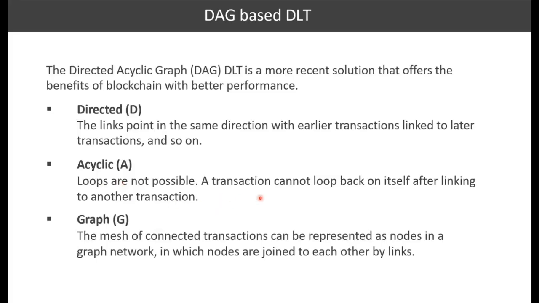Acyclic, so loops are not possible with the DAG architecture, so a transaction cannot loop back onto itself after linking to another transaction. And the graph, the G, so this is a mesh of connected transactions that can be represented as nodes in a graph network, kind of almost like a virtual node. And here the nodes are joined to each other by links.